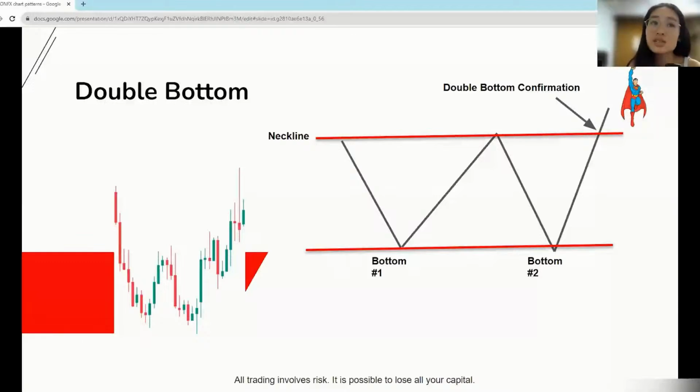Kind of opposite of the double top, we have the neckline, instead of being on the bottom, on the top. And then instead of having two tops, we have two bottoms. The double bottom confirmation, similarly to the double top, happens once price surpasses the neckline. The double bottom reflects very strong levels of support, as you can see here.